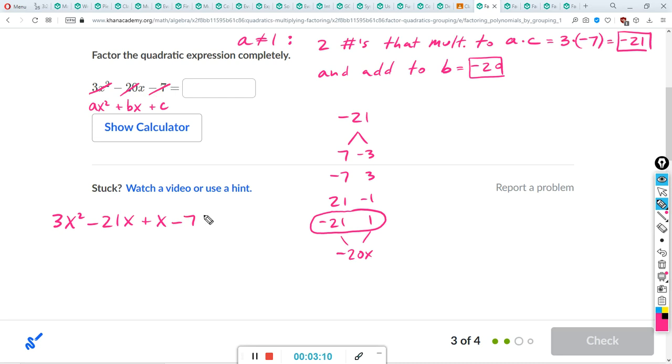Now in order to factor by grouping, we're going to factor this binomial and this binomial separately. So you can see here we have 3 and negative 21, so we could definitely factor out a 3. And we have x squared and x, so we can factor out an x as well.